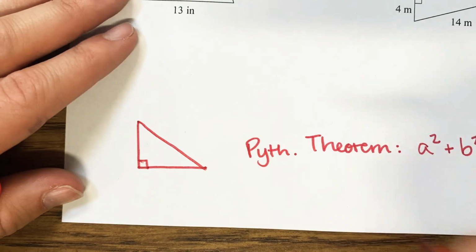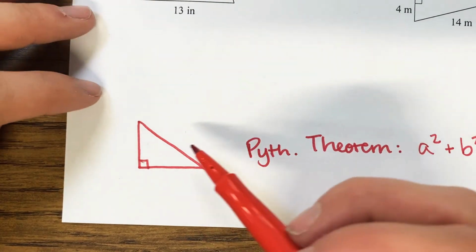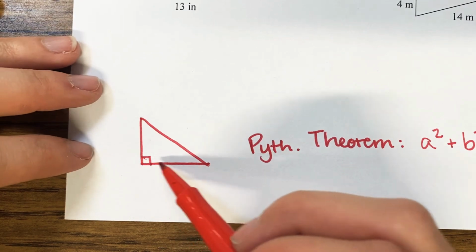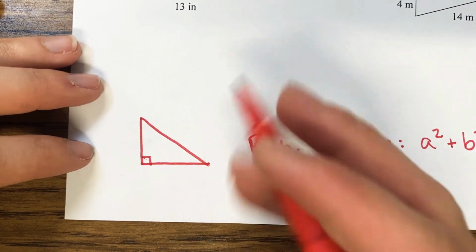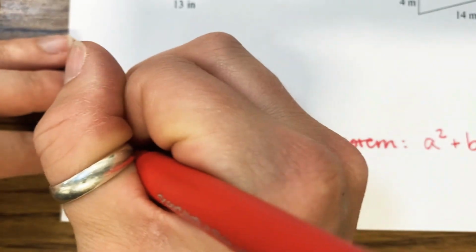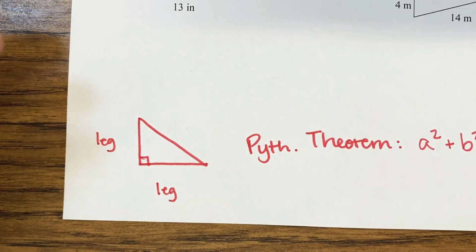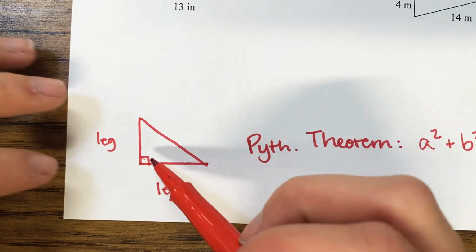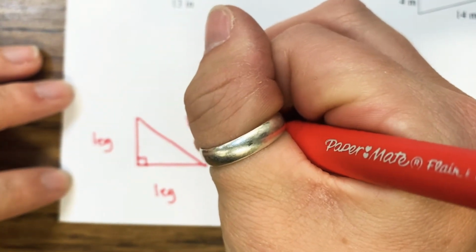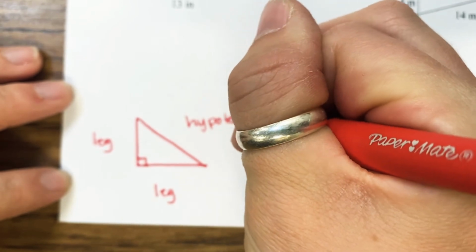A right triangle has a right angle in it. In a right triangle, the two sides that make up this right angle are called the legs. So that side is a leg, and that side is a leg. The side that is across from this right angle is called the hypotenuse.